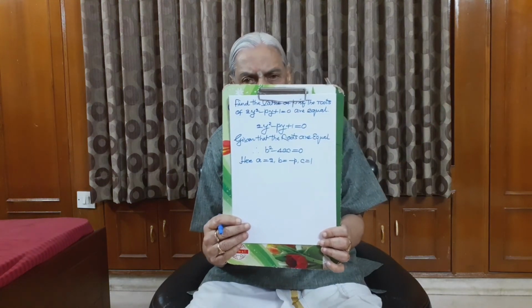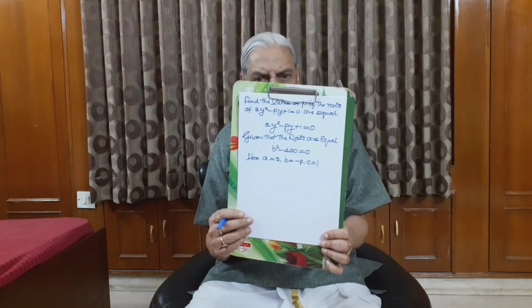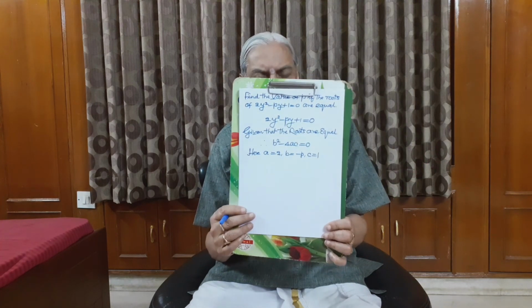Analyze. Here, what is the value of a? a is equal to 2, b equals minus p, c equals 1. See, is it correct? In the equation 2y squared, therefore a takes the value 2. Minus py, leave the y. Minus p is the value of b.